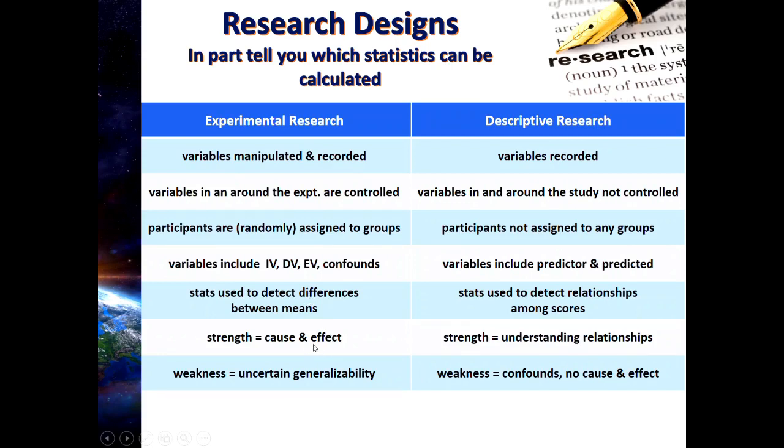The strength is that experiments and quasi-experiments, but more so true experiments, get as close to cause and effect as you possibly can get. And the weakness is uncertain generalizability, because the experimental situations are such that we're trying to control everything, which makes the environment, the situation, very artificial. So the results may not generalize very well to the quote-unquote real world.